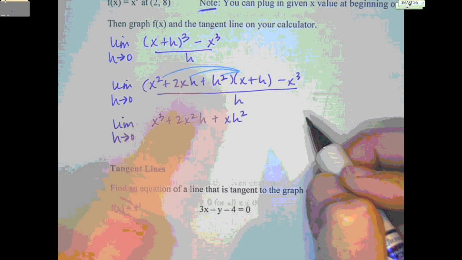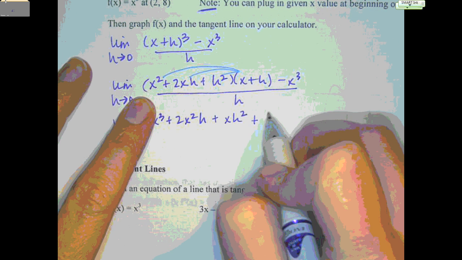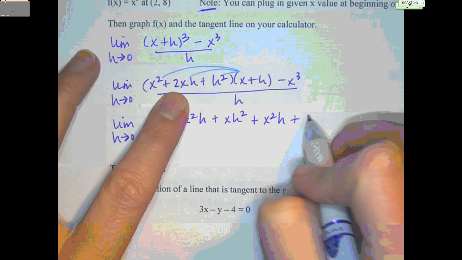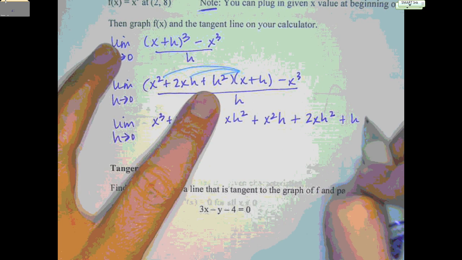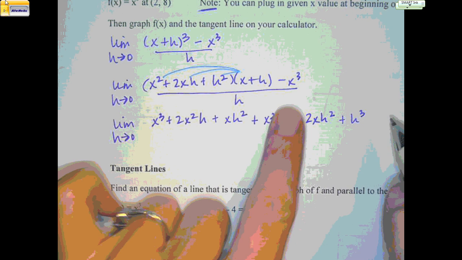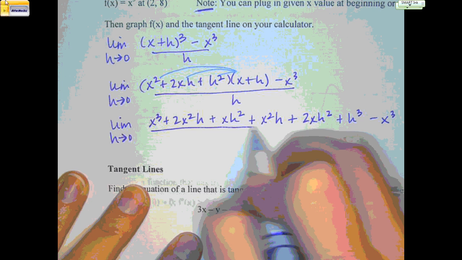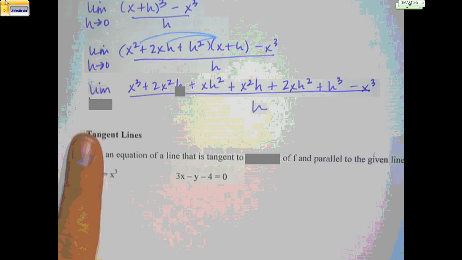Now I'm going to take everybody times h. So I have plus x squared h plus 2xh squared plus h cubed. Don't forget this minus x cubed at the end. And the whole thing is over h. And surely a bunch of this stuff is going to start to sort of cancel out.